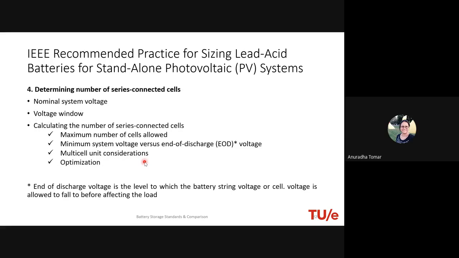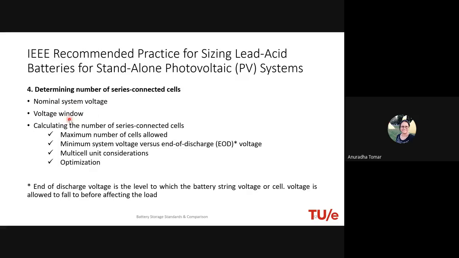Then based on these considerations, after we have discussed the dependencies and identified the load and the type of battery, it comes to what number of series connected cells should be there. That series connection basically depends upon the nominal system voltage.